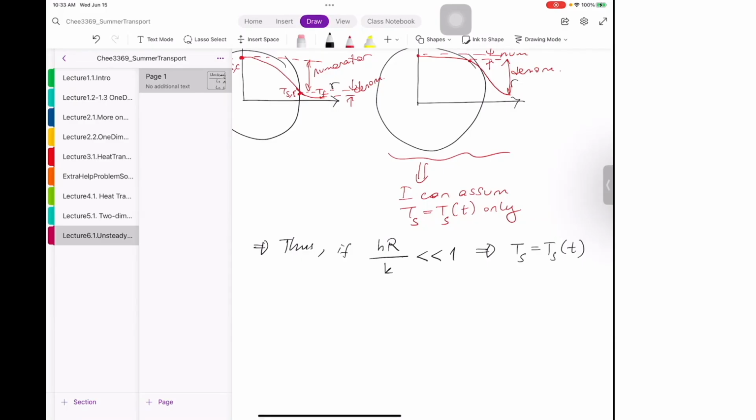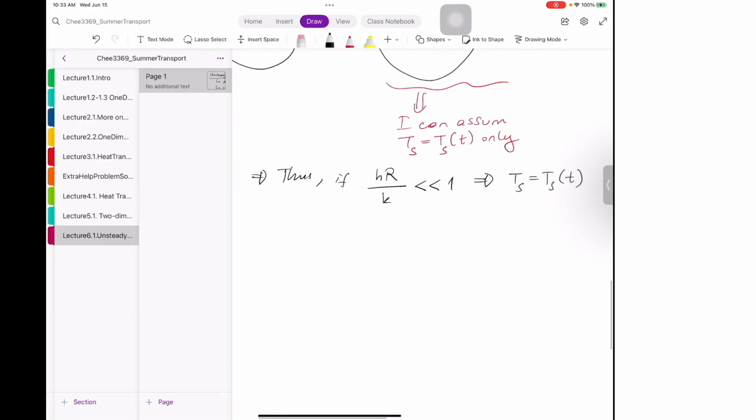Okay, and this hR over k is a very important number. hR over k is a dimensionless number.